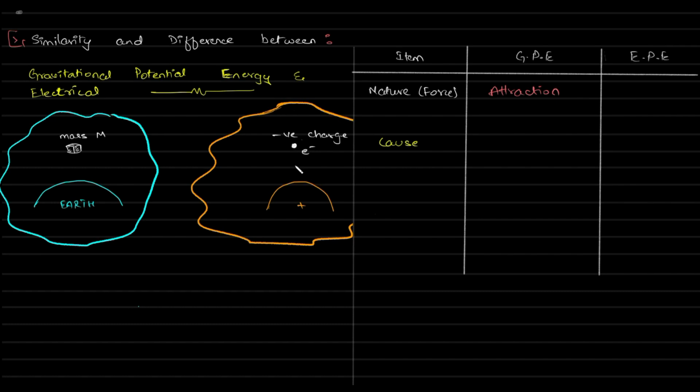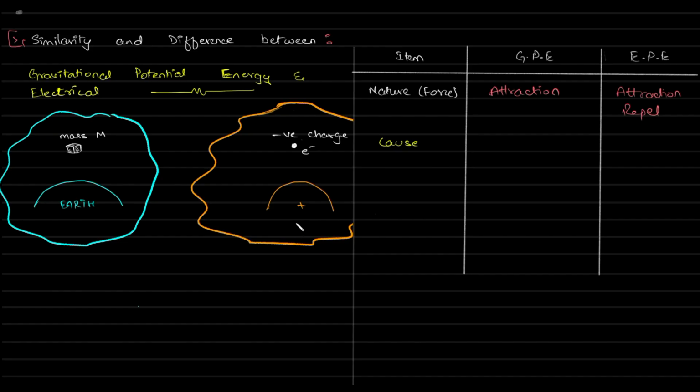It will get repelled. But in this case, we have a negative and a positive charge, so they will attract. So yes, there is attraction, and we can have repulsion as well. When it comes to electrical potential energies, or anything to do with electrical, we have two different kinds of charges, and so we have attraction and repulsion.